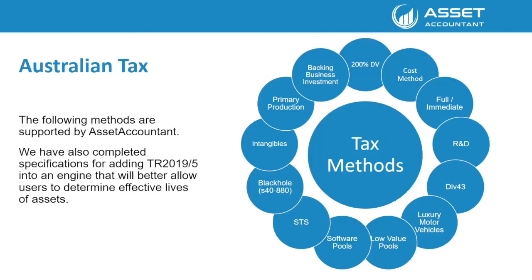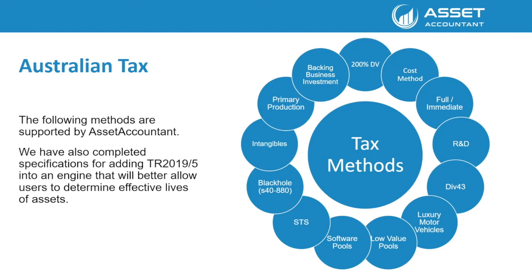Very briefly, the Australian tax methods we currently support. In addition to the traditional diminishing value and prime cost methods, we have the ability to claim an asset for immediate deduction, tag an asset for research and development purposes, make capital allowance deductions under Division 43. We handle luxury motor vehicle caps for both diminishing value and prime cost methods.